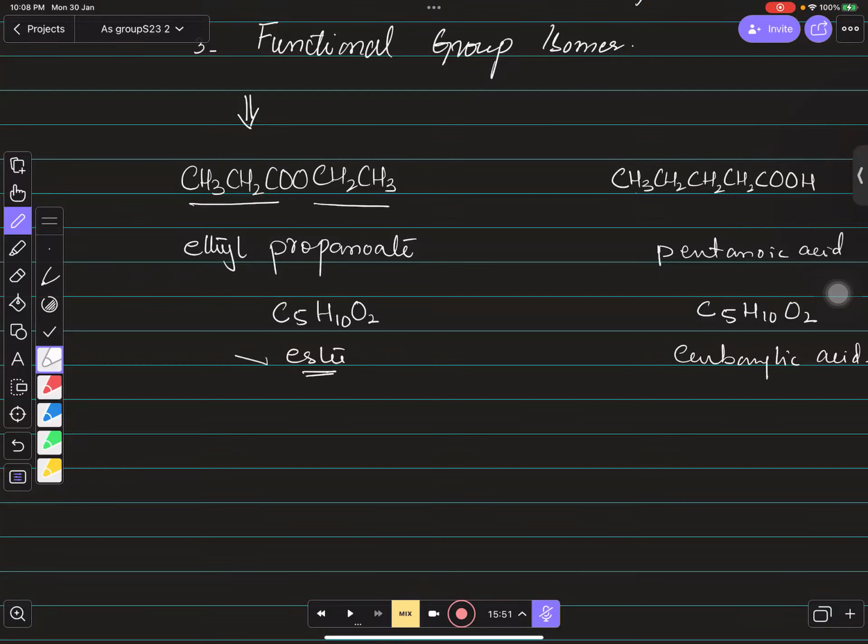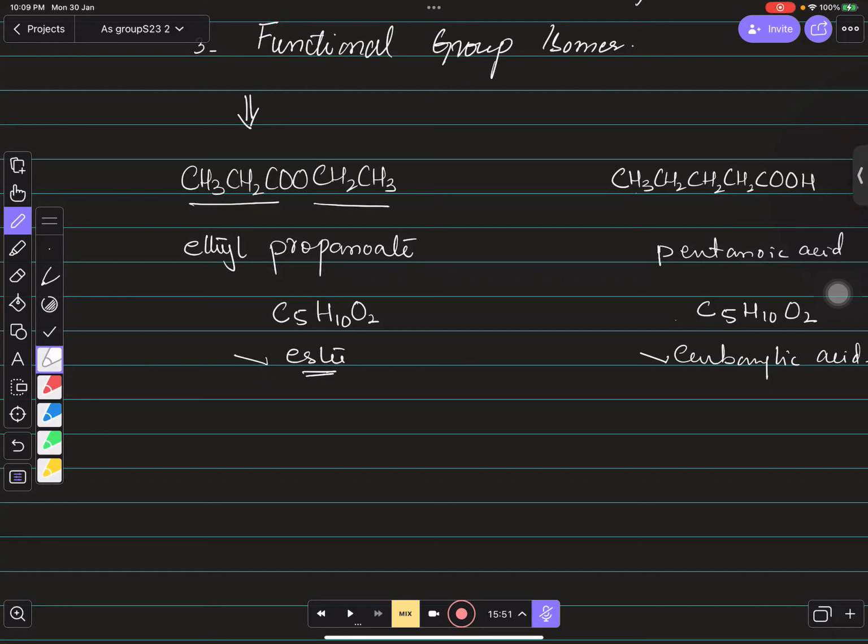Ester is a different homologous series, and carboxylic acid is a different homologous series, but they still have the same number of carbons, hydrogens and oxygens. That is why they have the same molecular formula but different structural formulas, so they are isomers of each other.